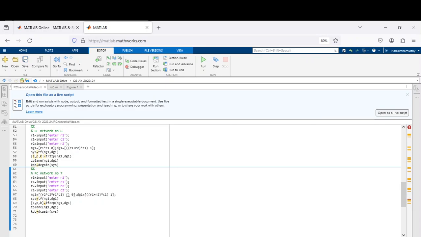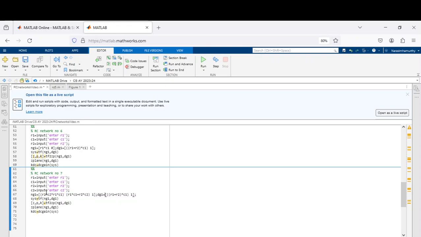What is the coefficient of S? It is R1 into C1 plus R2 into C2, and this is 1, and the quotient of this is, let me just copy this again.